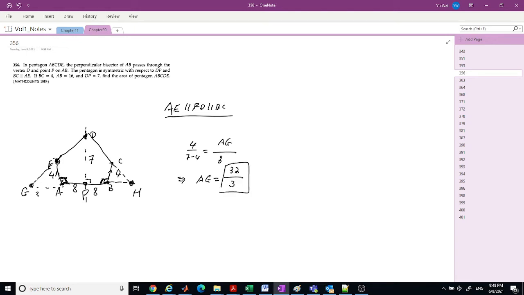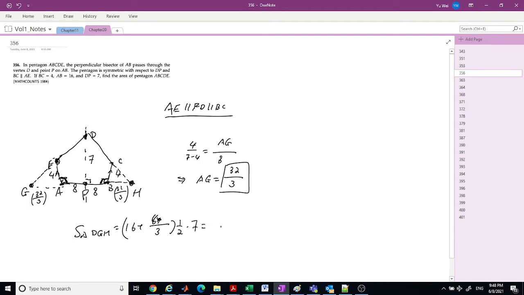So this is 32 over 3, and this is 32 over 3. So we know the triangle DGH is equal to half times 16 plus 64 over 3 as the side, right? Times the height, which is 7.